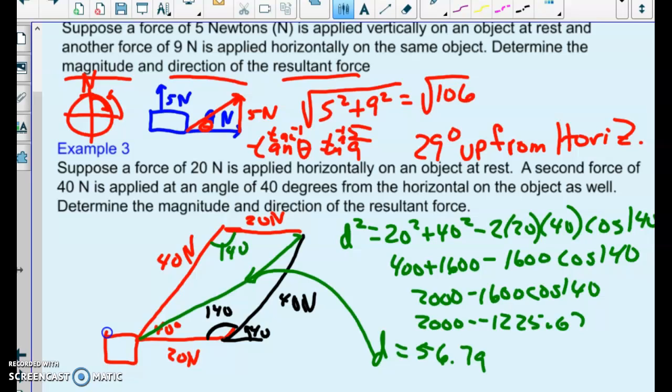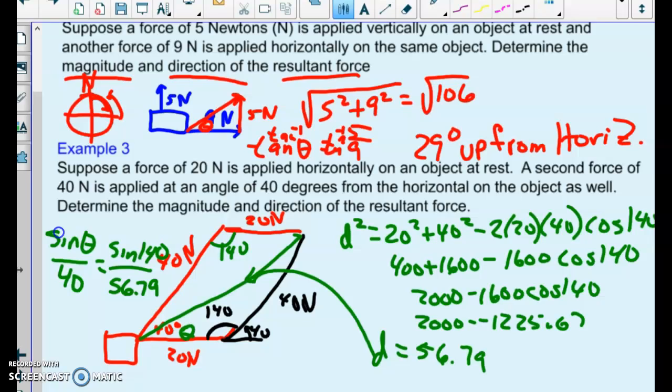We can use the law that says the sine of theta is to 40, so this angle in here, that's where I'm putting my theta, as the sine of 140 is to this 56.79 that we have.